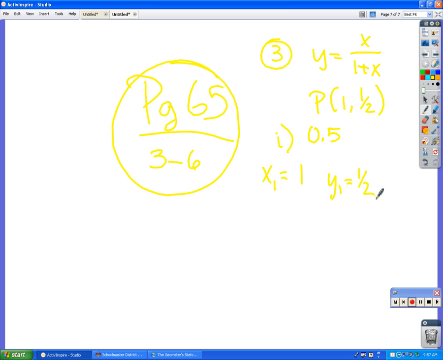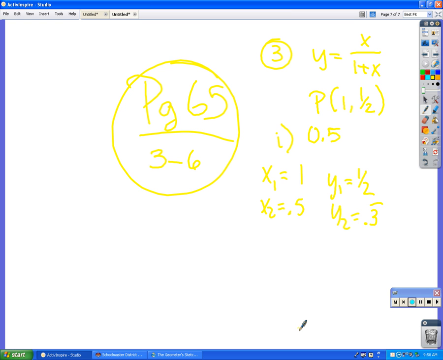And so throughout this whole problem, those two values won't change. Okay? Then for part A, they say use x equals 0.5. So they picked a number fairly close to 1. They did not tell us what y2 is. How are we supposed to figure that out? Plug it into this equation right here. So you're going to have to take the 0.5 and go 0.5 divided by 1.5 is 0.3 repeating.